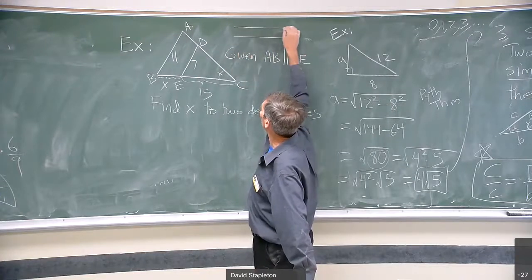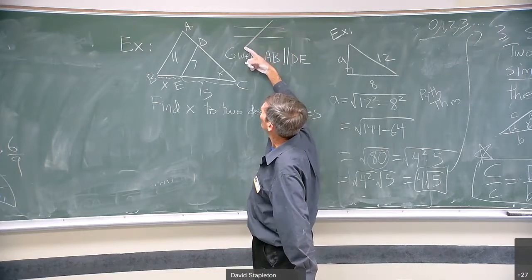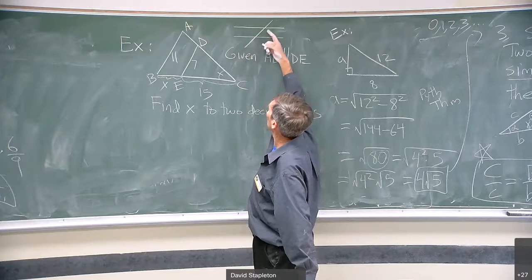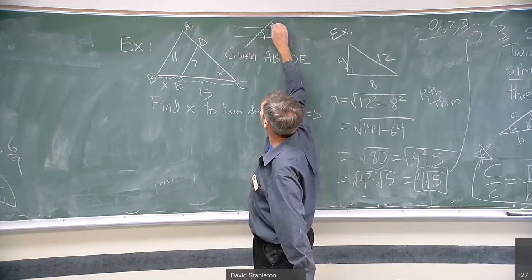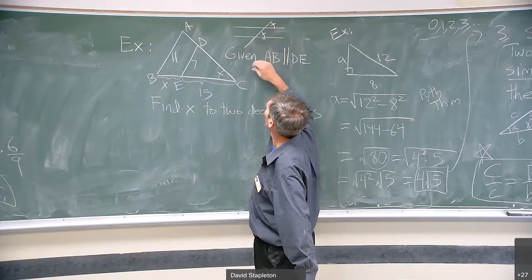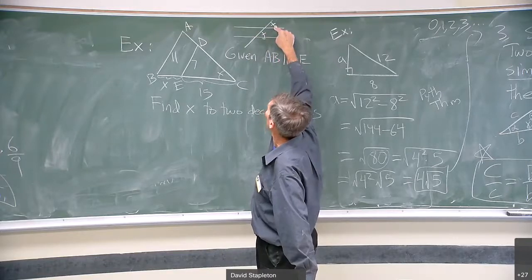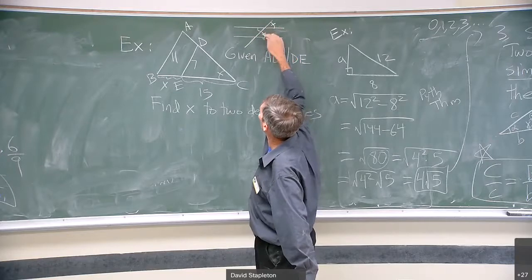Remember this, if you have 2 parallel lines, you cut it with another line, we call this a transversal. And when you cut 2 parallel lines with a transversal, then these angles are, I'm sorry, not alternate interior, they're corresponding angles, and corresponding angles are equal.